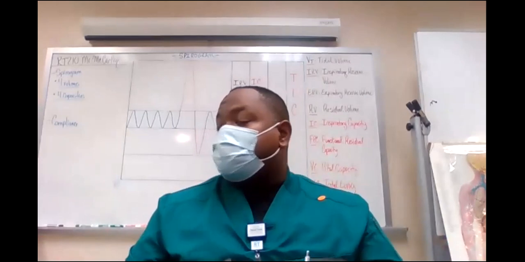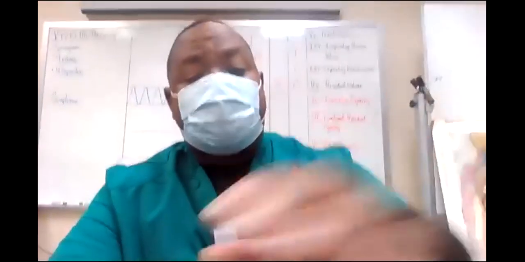We are now in pulmonary mechanics, and to this point, we've learned some important terminology as far as respiratory is concerned. We've learned the heart and how it functions, whether on a physical level, on the cellular level, and on the electrical level.